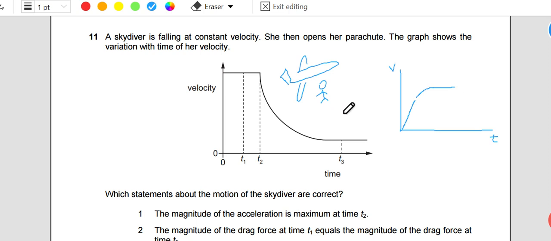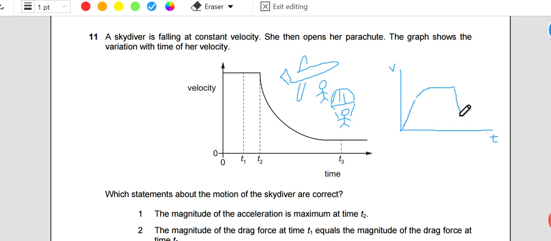After that, he or she opens the parachute, and we have an increase in air resistance. So there is a deceleration and a decrease in velocity.